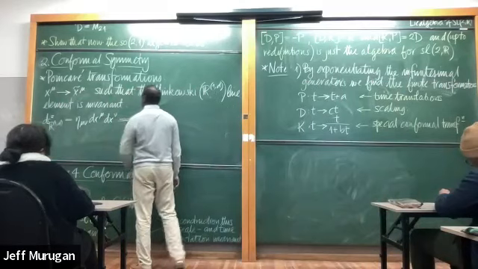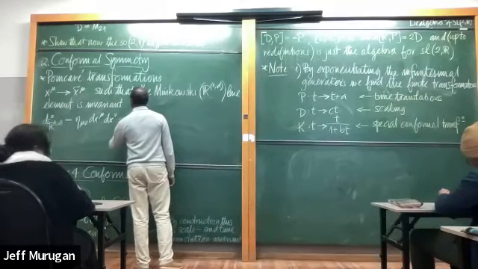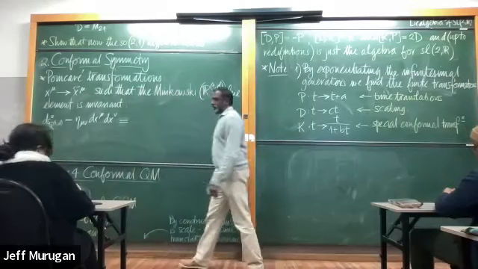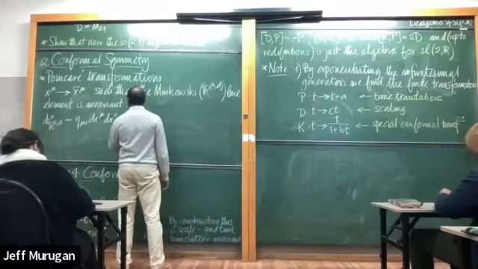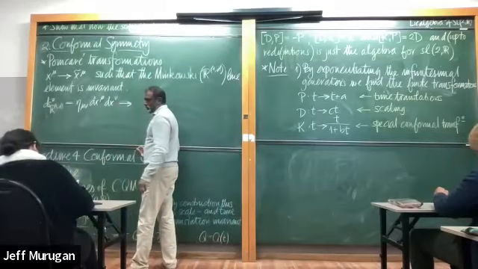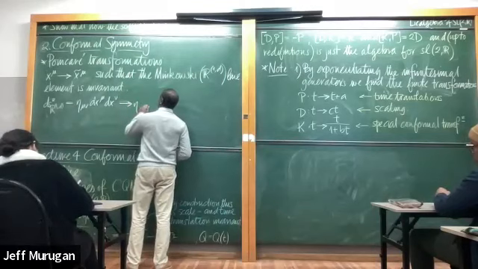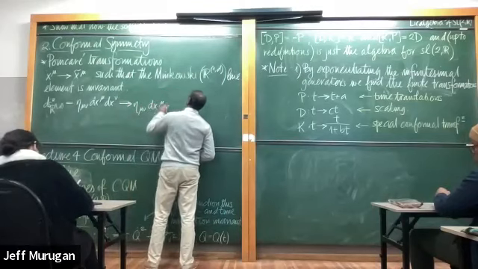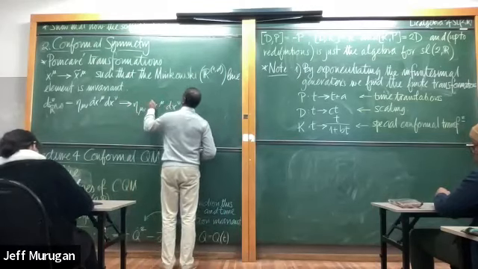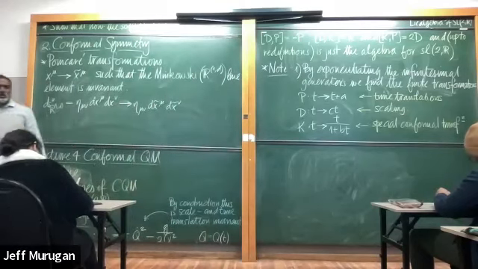It's not too much more difficult, you know GR. And the point is that under this x mu to x mu tilde transformation, this thing goes to eta_{mu nu} dx tilde^mu dx tilde^nu, where the x's are replaced by the x tildes.